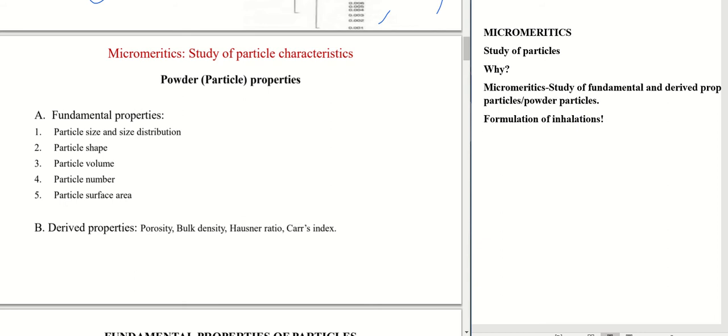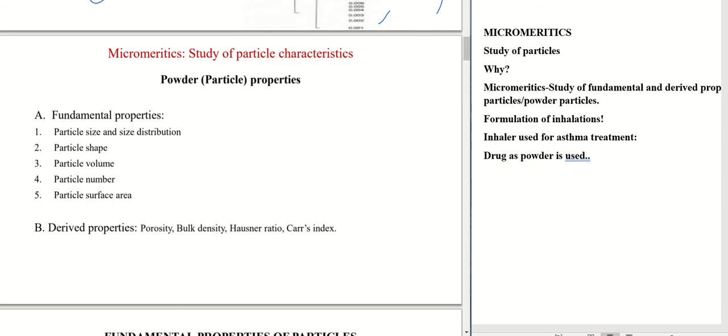For example, let us consider the inhalers used for asthma treatment. In these inhalers, we will be making use of drug powder. Drug as powder is used.